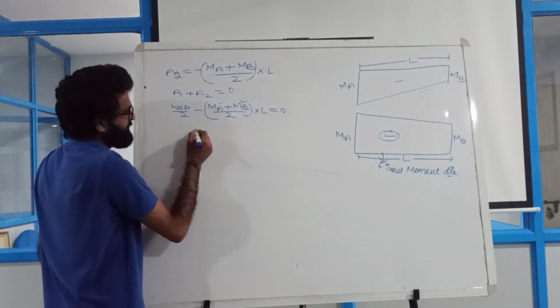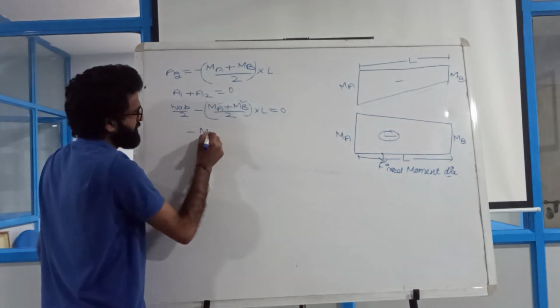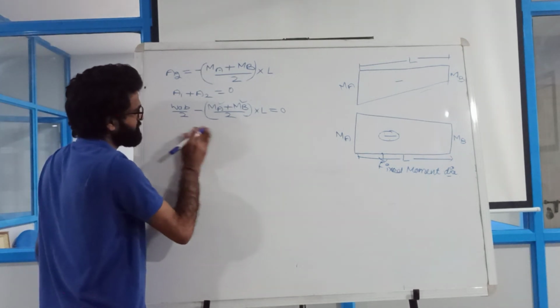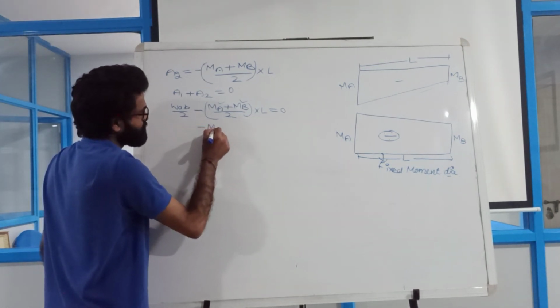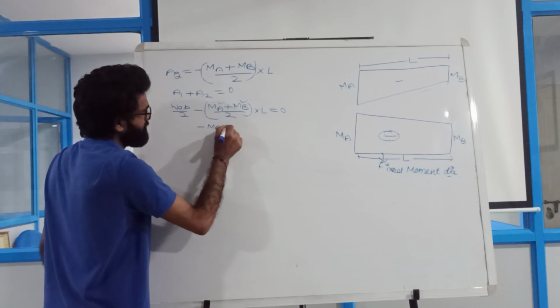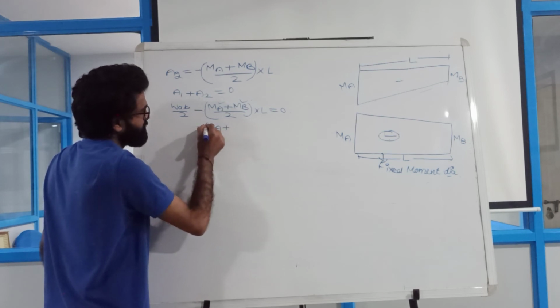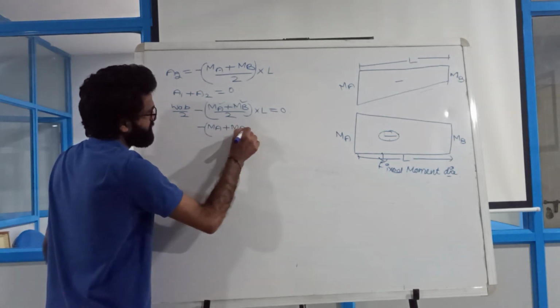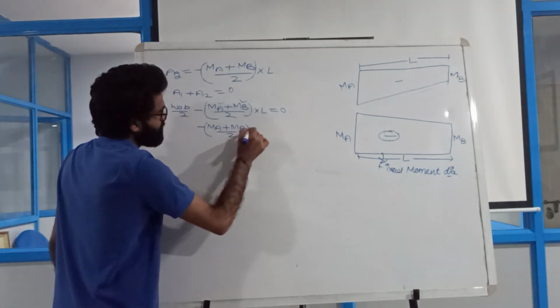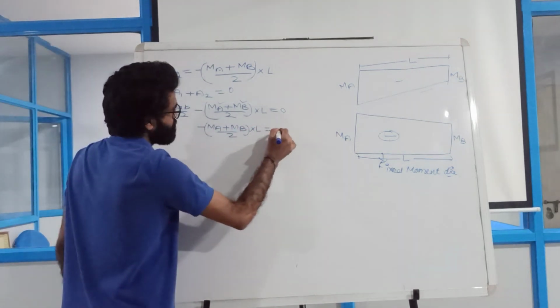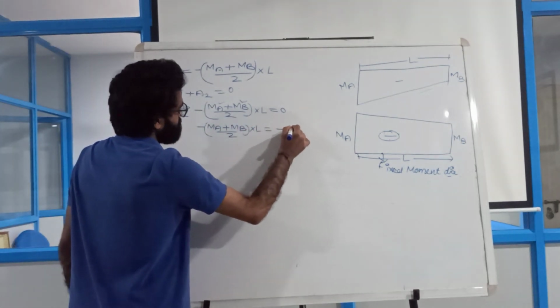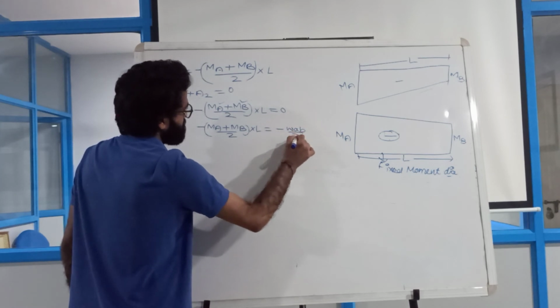Now if I simplify this equation, I am going to get minus of MA plus MB divided by 2 into L is equal to minus of WAB divided by 2.